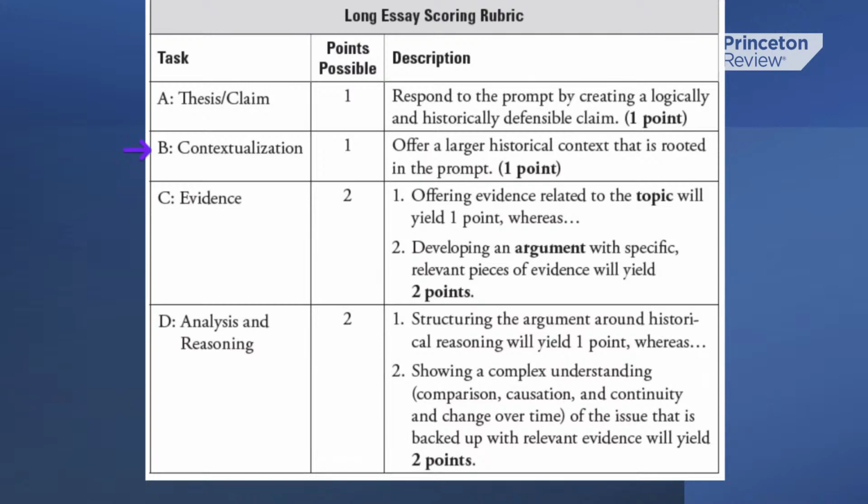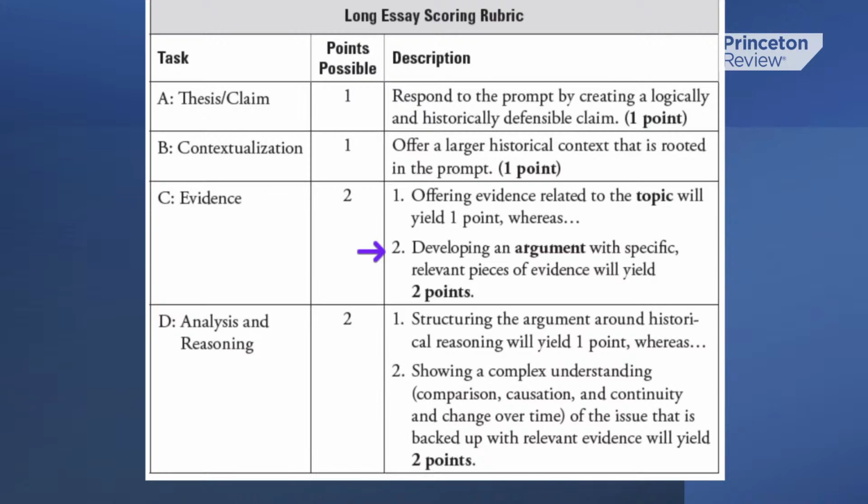Again, a good place to do that, I think, is paragraph 1 because you're discussing the broader historical context. You have up to 2 available points for evidence, which will come down to offering evidence, but also developing your argument with that evidence. In other words, not just mentioning something, but explaining how it proves your point.